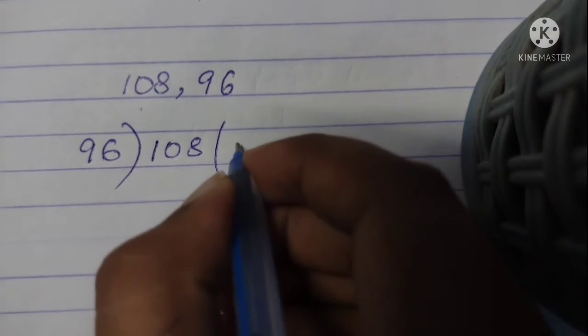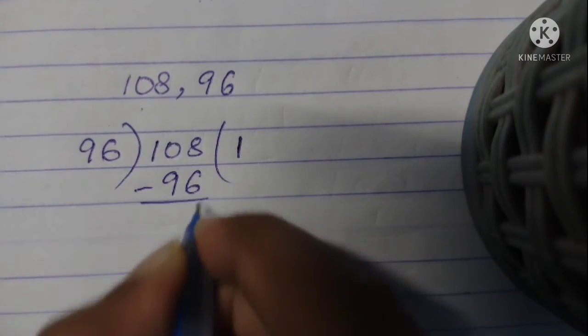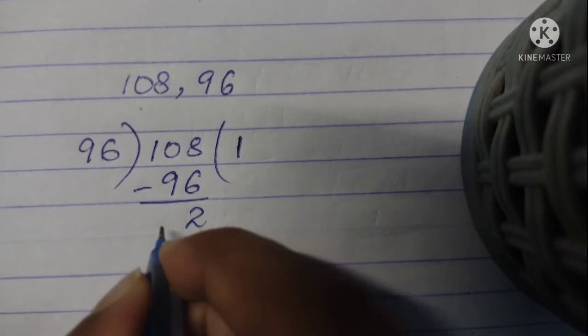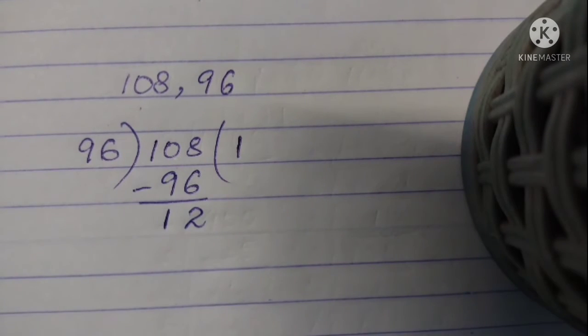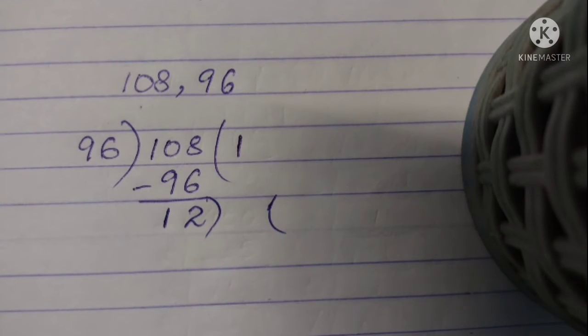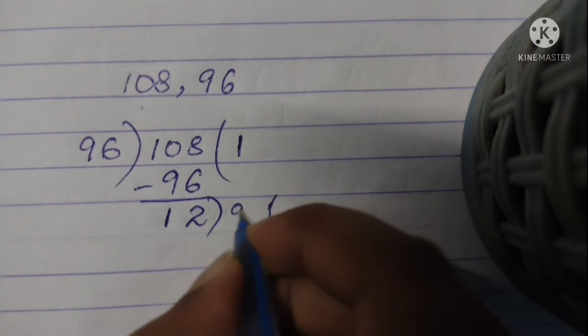96 into 1 is 96. What is the difference? 12. Now we will divide the first divisor, that is our previous divisor. What is our previous divisor? 96.